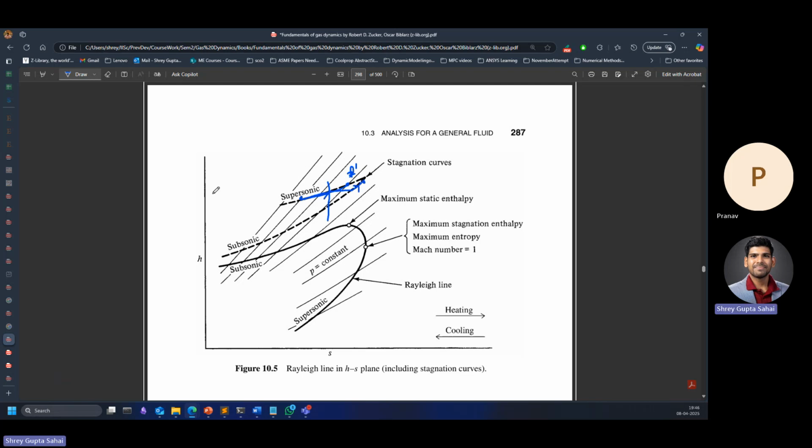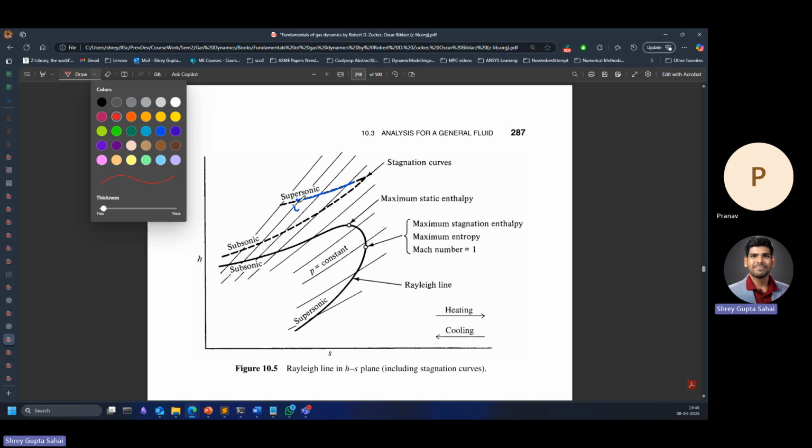Yeah, maybe we can use this. Wait, let me redraw it. Then this implies that if it is subsonic, then it will be higher, no? Yeah, we can relate them. So if this is initial, there is one way, this is the supersonic way, this is the simple way. What if we do it this way?